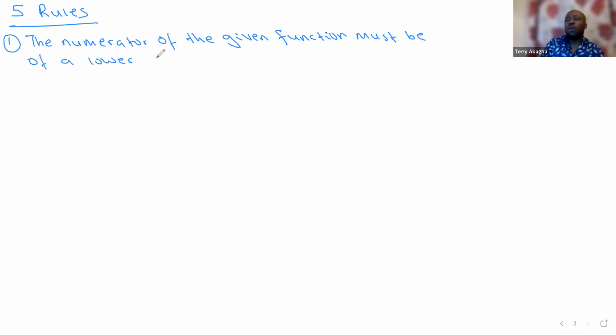So the key is lower, not equal to, not equal or higher, always lower. It has always to be lower. It must be of a lower degree than that of the denominator.